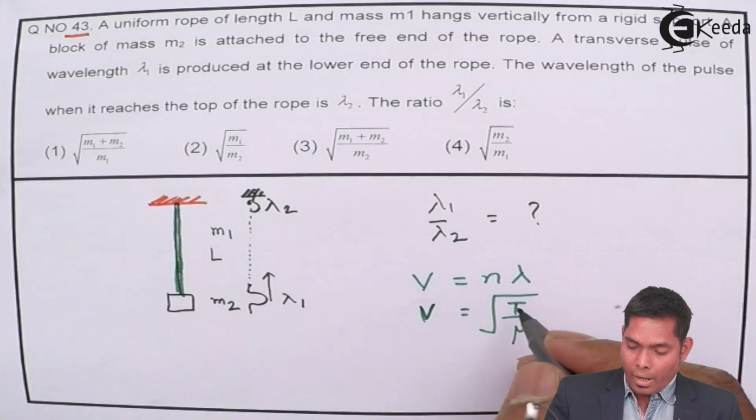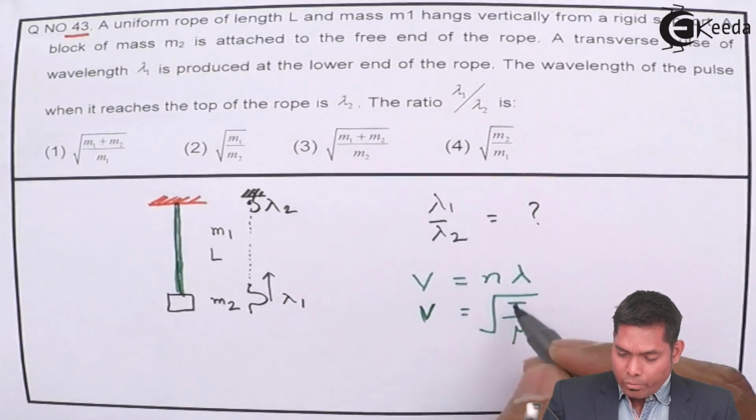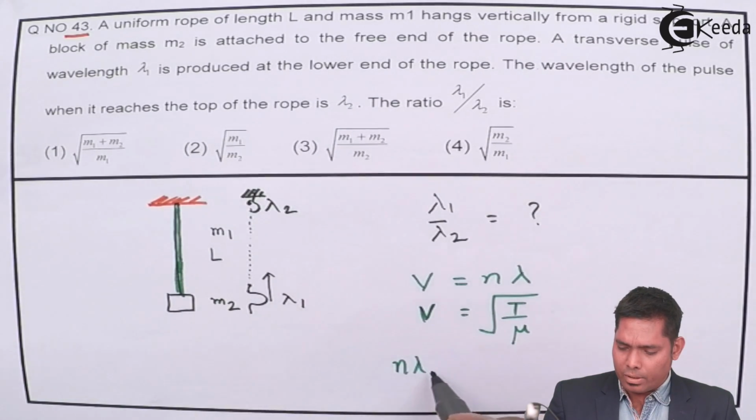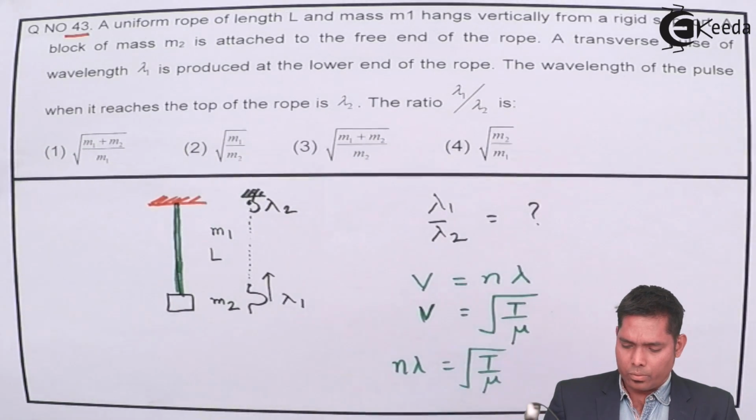So I can relate these two equations: frequency into wavelength equals the square root of T by mu.